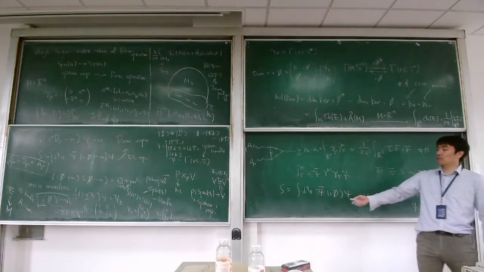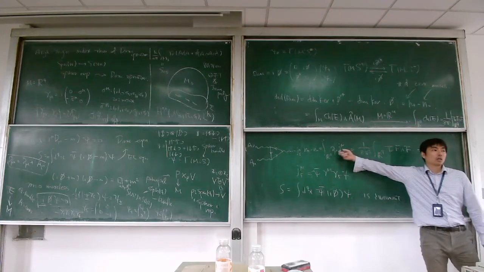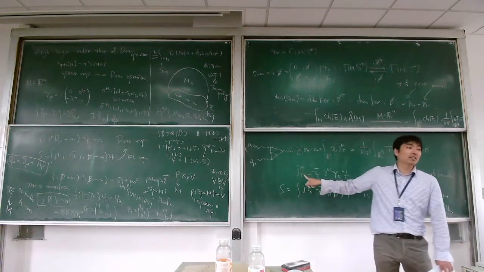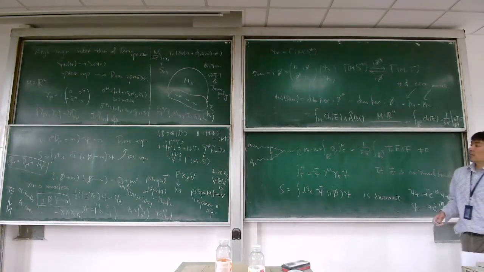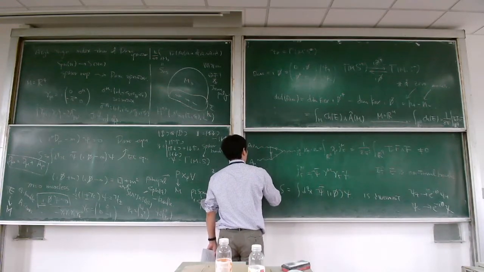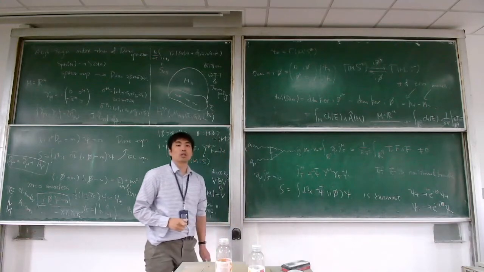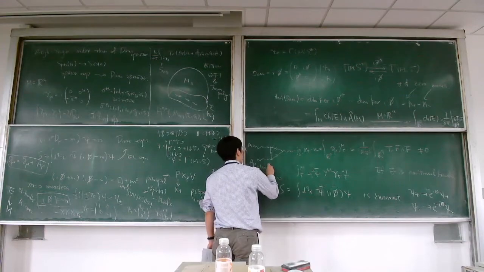Classically, this action is invariant under this transformation. That's called chiral symmetry. However, it's broken at the quantum level. This J mu 5 is the Noether current of this chiral symmetry, and at the classical level it should be preserved. So the Noether theorem tells us that this is equal to 0 classically.